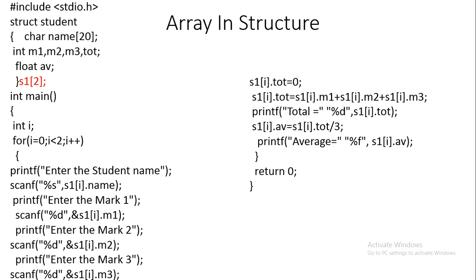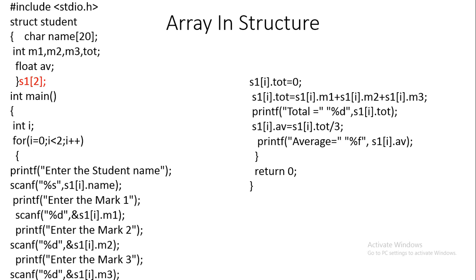Record is nothing but a collection of information, right? Here in the program itself, we are going to get 2 inputs. It means that each record consists of name, m1, m2, m3, total and average. This is the objective of our program.